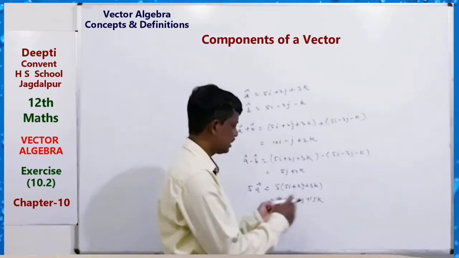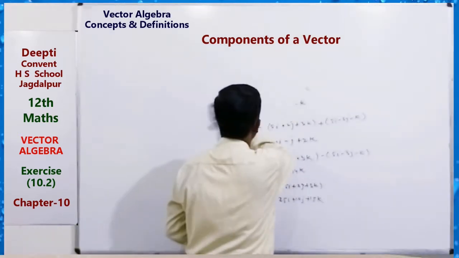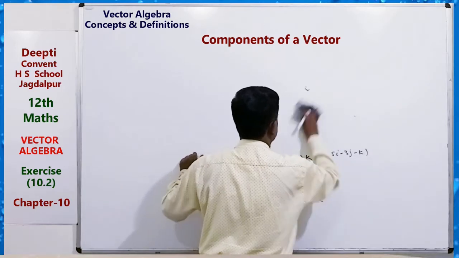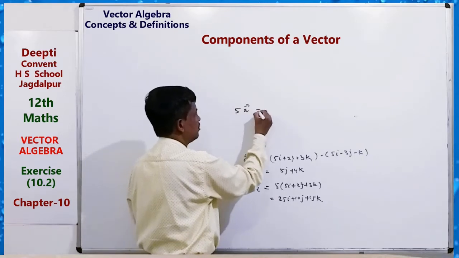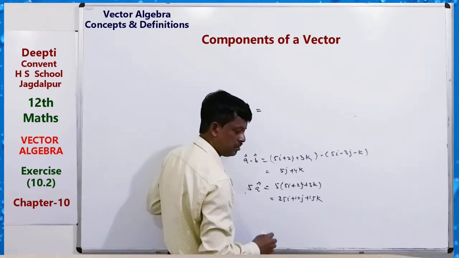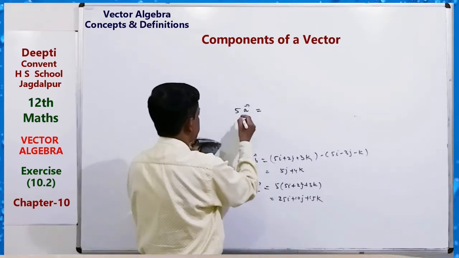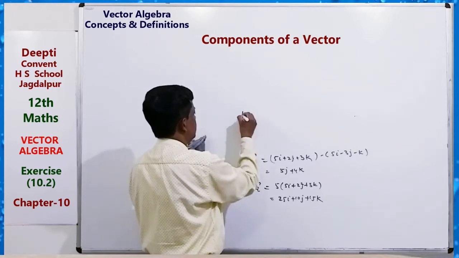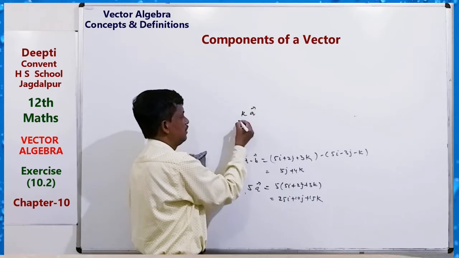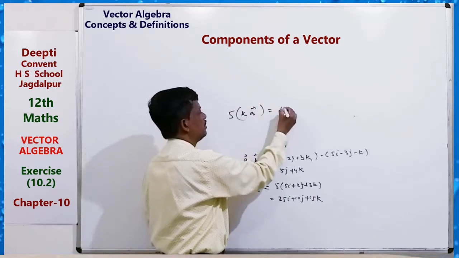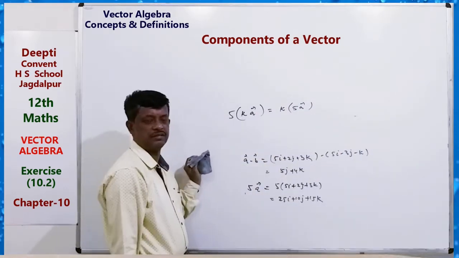Also, a scalar can be distributed as we require. Just like this, we can write 5 vector a equals, suppose we have a constant k, a scalar, then ka multiplied by 5, we can write the constant and 5a also as you like.